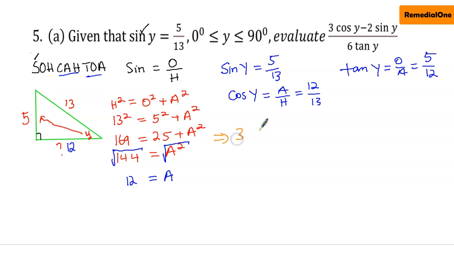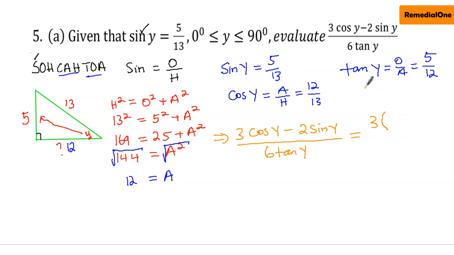This implies that 3 times cos y minus 2 sine y, all over 6 tan y, is equal to 3. There's nothing here, that means multiplication. We can use a bracket for that.